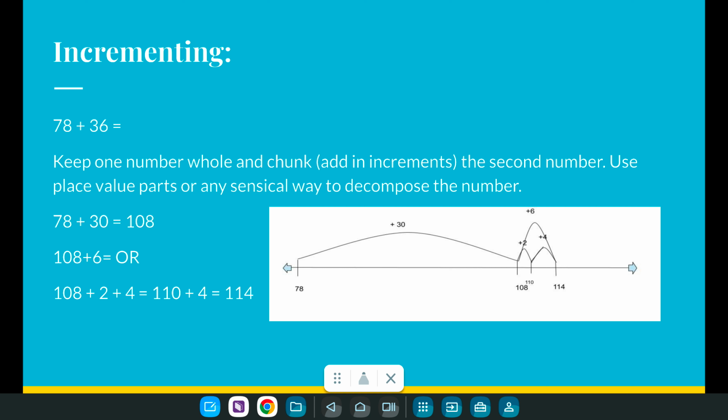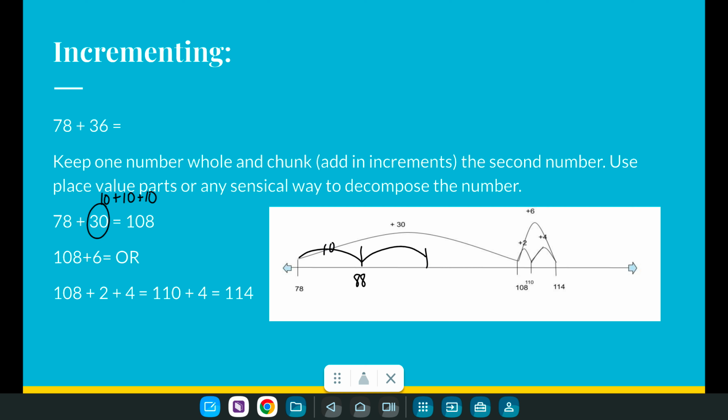So this is, students have to understand adding tens off the decade, we call that. So for instance, if I'm going to hold on to 78, I'm going to keep 78 whole, and I'm going to break up the 36 into 30 and 6, but I may even have to break up the 30 at first into the number of tens that it is, in which case, if I was thinking about 78 plus 10, I need kids to understand that plus 10, I can count off the decade by tens quickly, right?